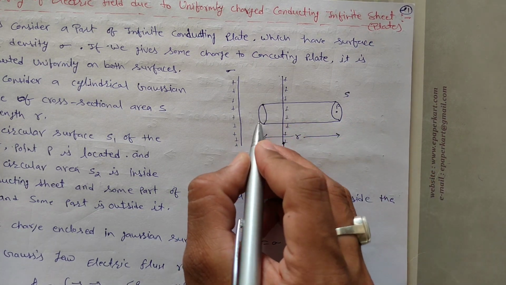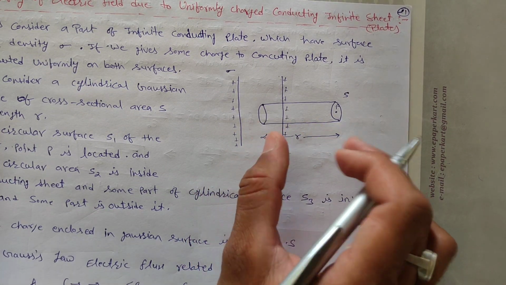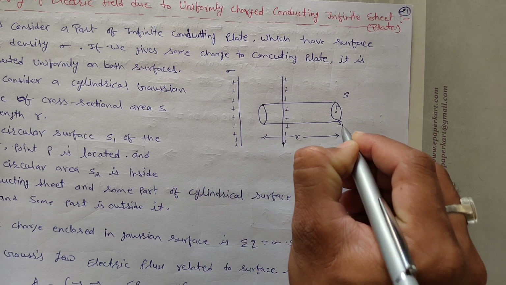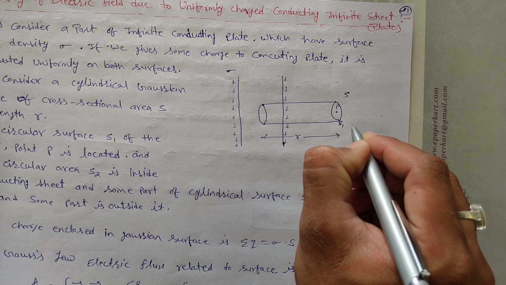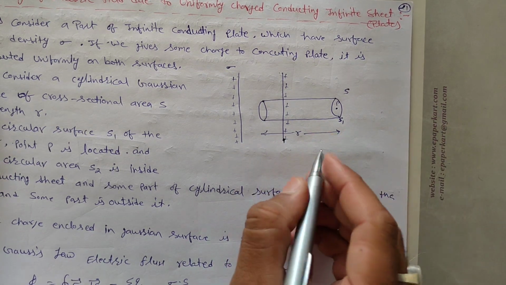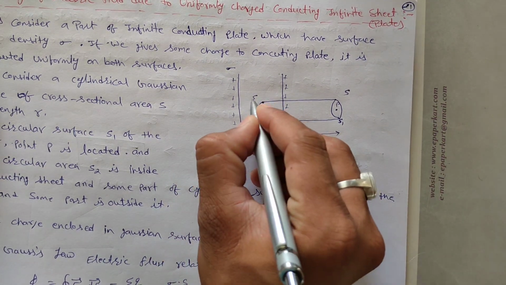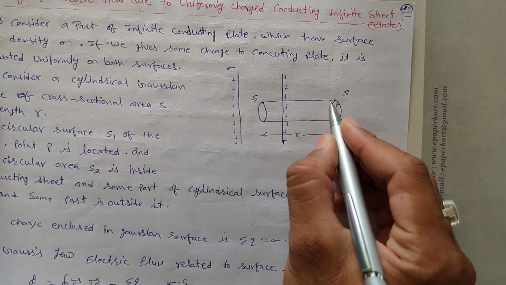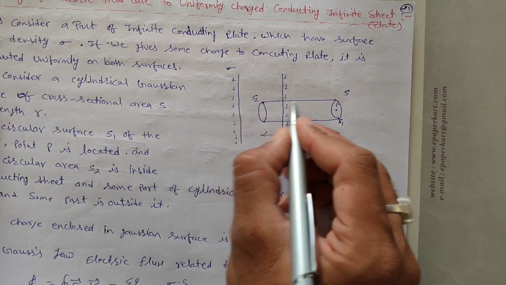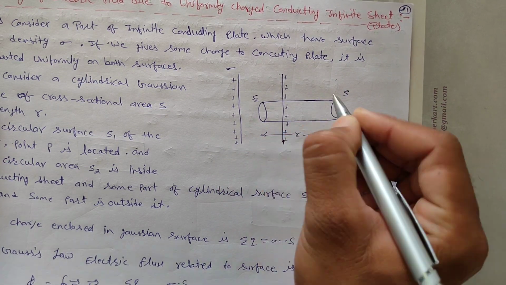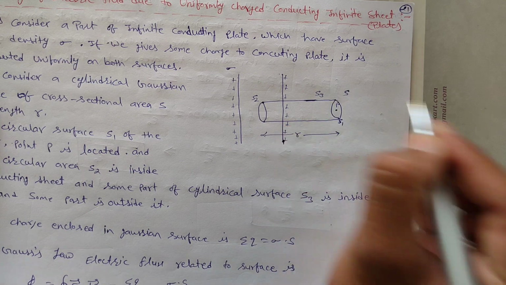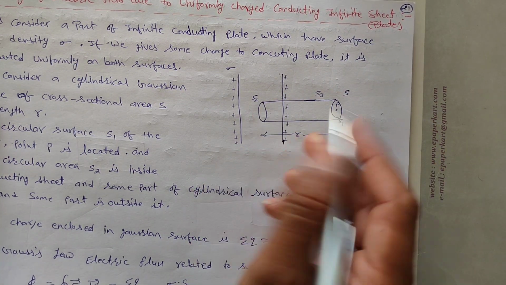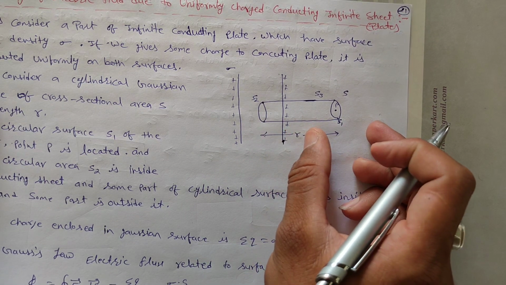On the circular surface S1 of the cylinder, this is S1, outside the sheet, and circular area S2 is inside this conductor sheet. And for S3, some part of this cylindrical surface S3 is inside the sheet and some part outside the sheet.